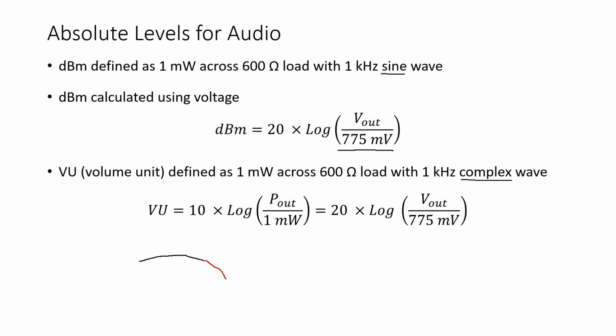And of course you'll have some kind of pointer for the analog meter, and we always see up at the top of the meter VU. On this VU meter, you'll note that this point is denoted as 0 VU or 0 dBm.